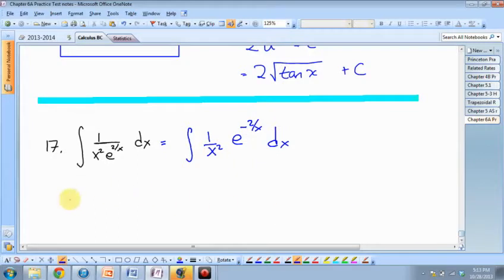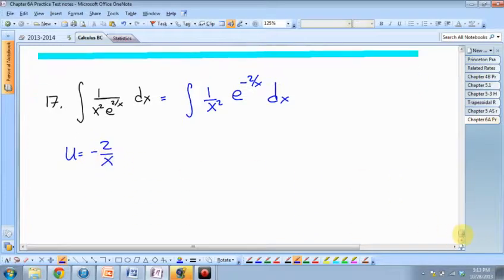So it's just regular u substitution. u is equal to negative 2 over x. That makes du equal to positive 2 over x squared dx.